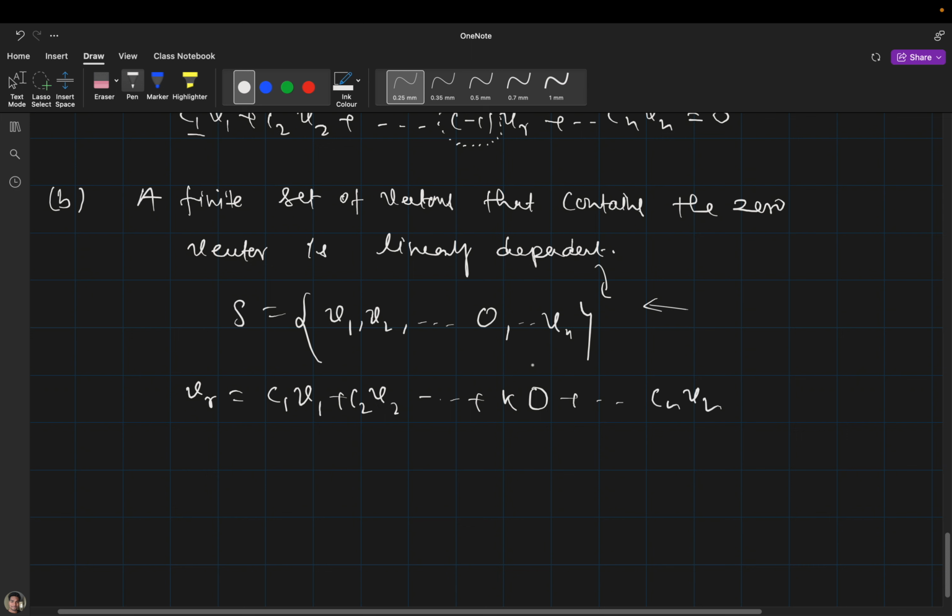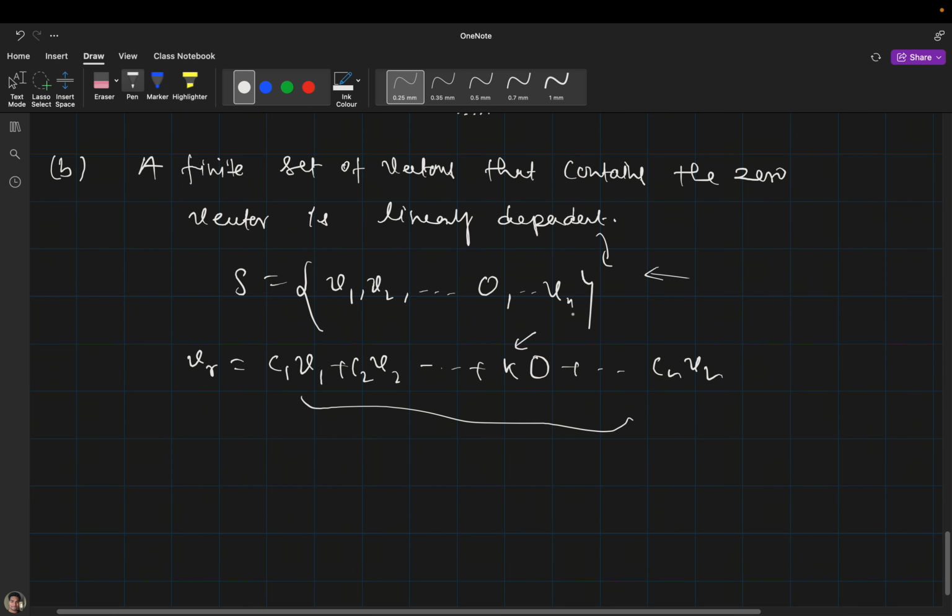Then it is not necessary that k will be 0, which means you can also set k as a non-zero scalar number. Which means vr can be expressed as a linear combination of all those, so that system will always be linearly dependent. Okay, fine.